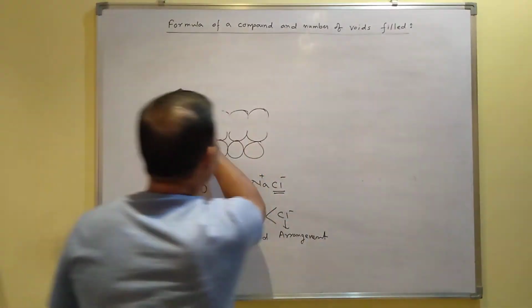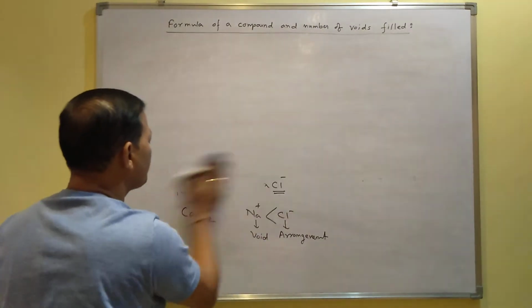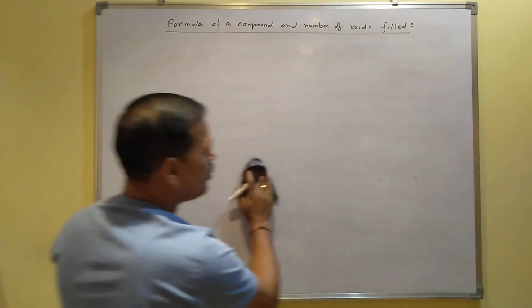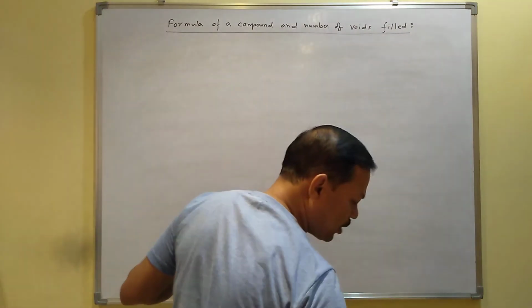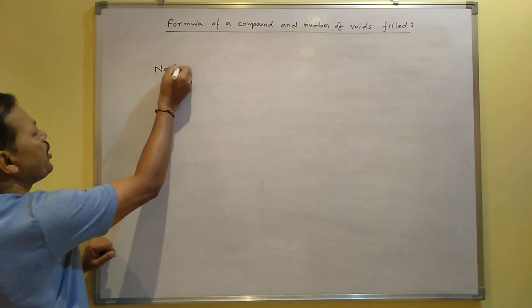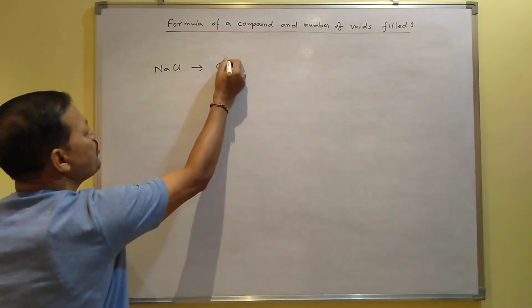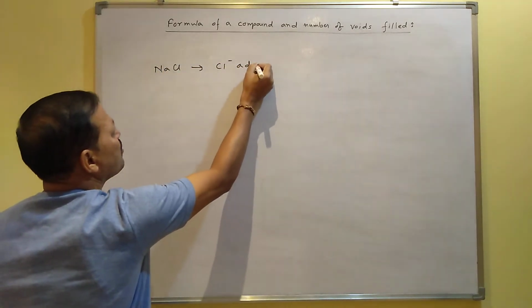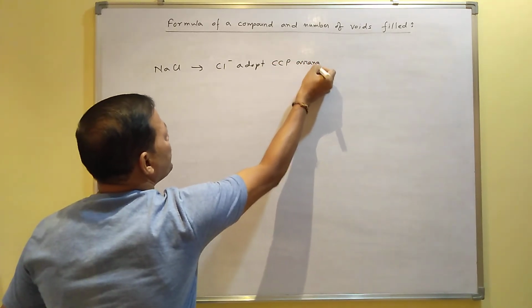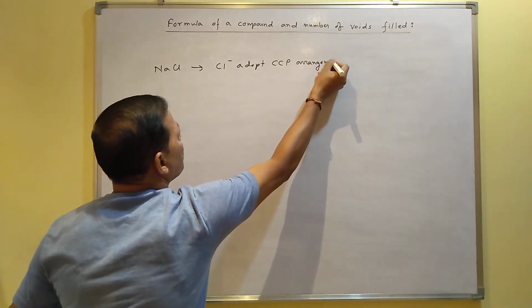Now I'll give you some structures of solids. In case of sodium chloride, Cl minus adopts CCP arrangement. These are experimentally obtained.